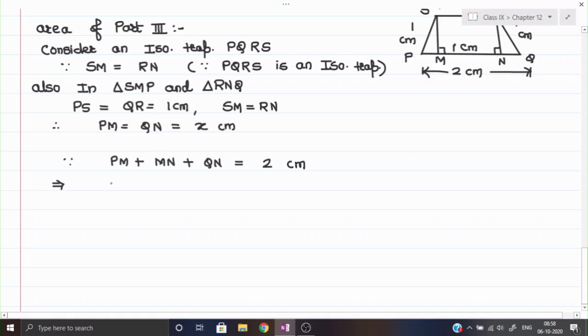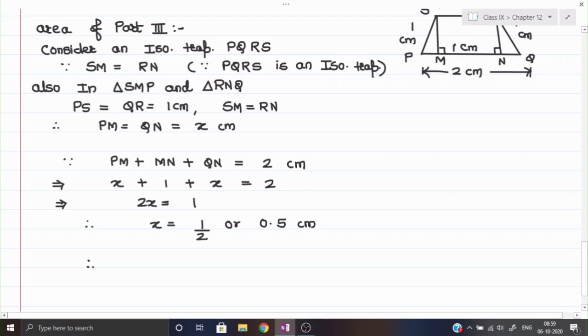So x plus 1 plus x is equal to 2 centimeter. So 2x will be equal to 1 centimeter, because 1 is going to that side, subtracting from 2 it remains 1. Therefore the value of x is 1 by 2, or you can say 0.5 centimeter.